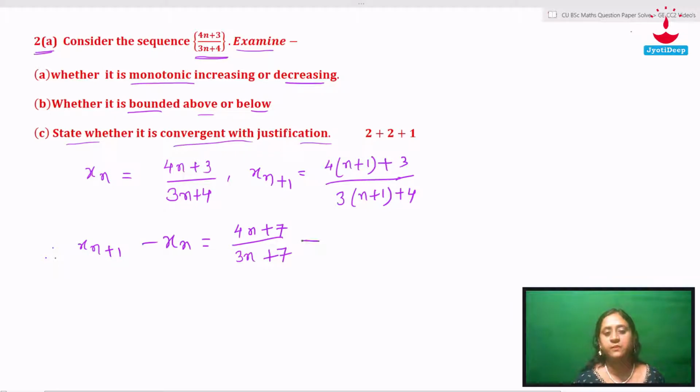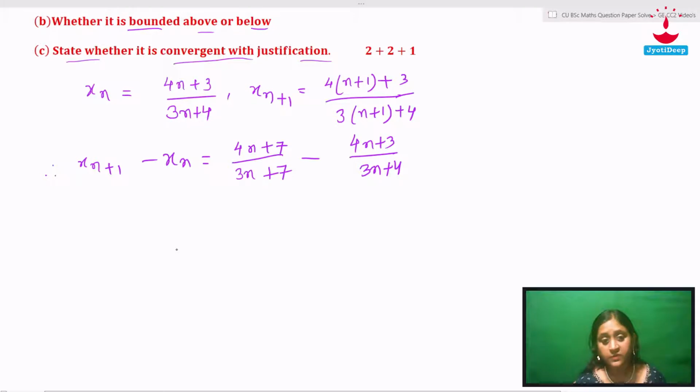Okay, minus xn, that is (4n plus 3) divided by (3n plus 4). LCM নিয়ে now. So what we will get? It will be (3n plus 7) into (3n plus 4).